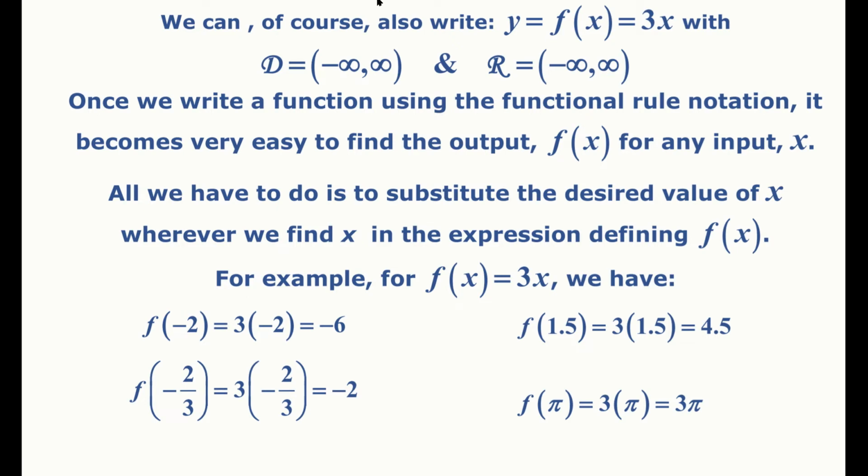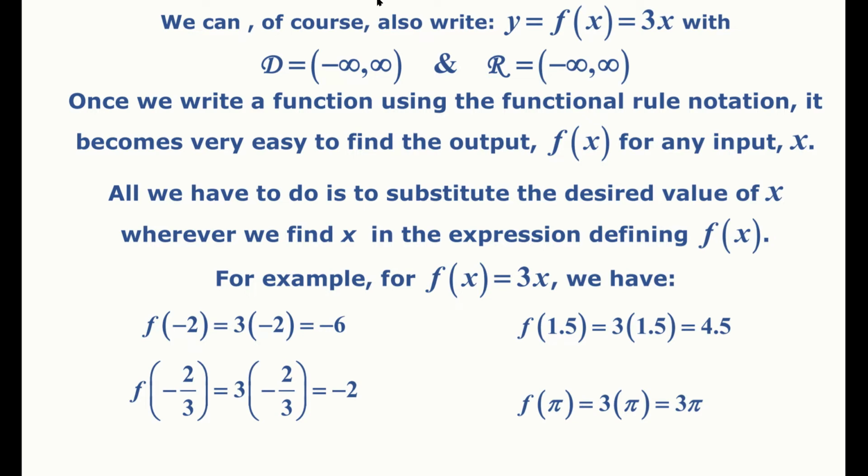We can, of course, write y equals f of x equals 3x, and notice that the domain will be all real numbers, because the domain is the set of all allowable inputs, right? There is no real number that would get us into any kind of trouble if we tripled it. So the domain can be any real number, and the range will also turn out to be all real numbers.